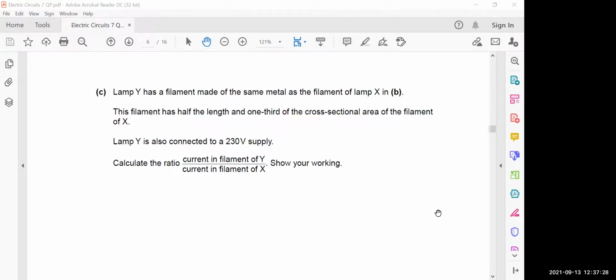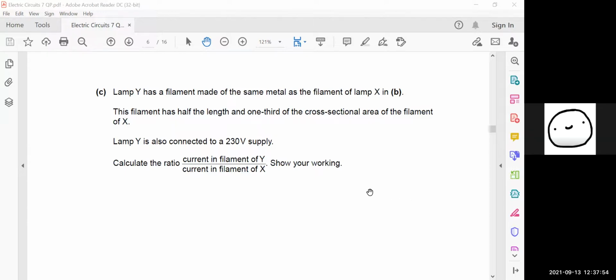Who will explain this question? Ankit Sharma. Mohammad Keenan. Mohammad Keenan, can you hear me? Yes, sir.